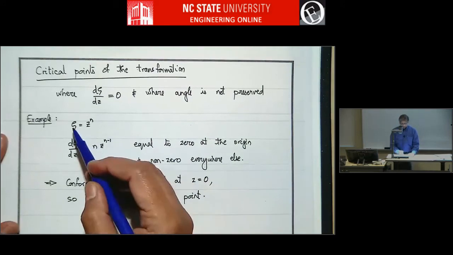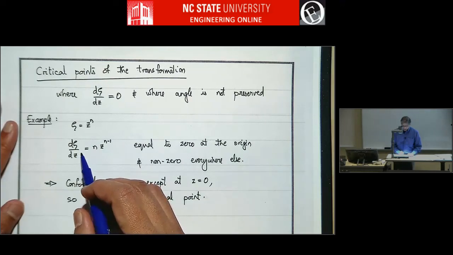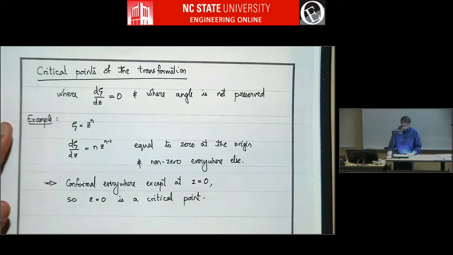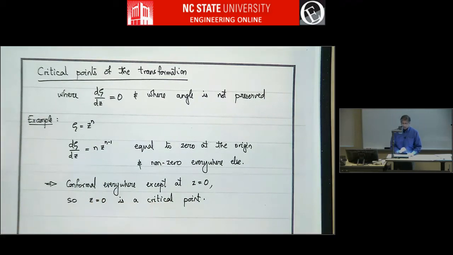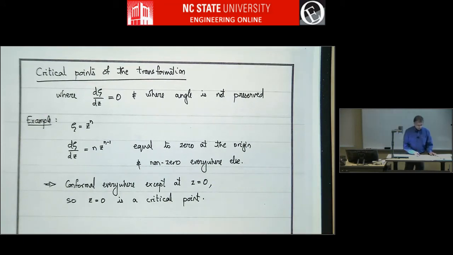For example, if you take zeta equals z to the power n, d zeta dz is n times z to the power n minus 1. So this is non-zero everywhere except at the origin. At the origin this becomes 0. So that means it's conformal everywhere except at z equals 0. So z equals 0 becomes a critical point.